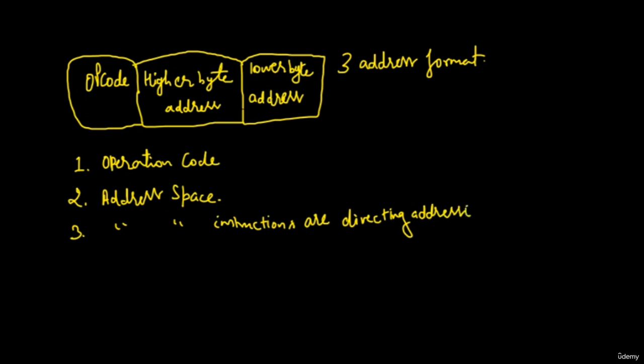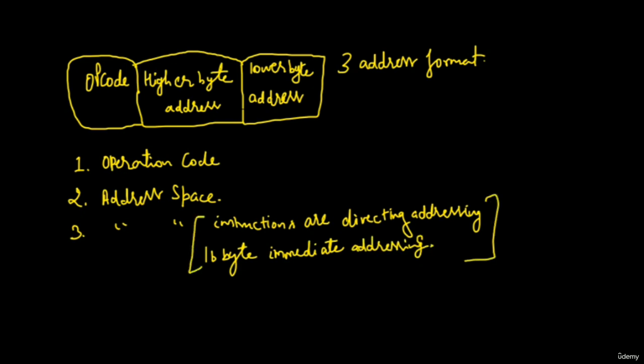Like addressing, if I may say, 16 byte. So this one is the factual thing. 16 byte immediate addressing is there. So this one seems more efficient, or most efficient. Well, it is indeed. So this is all about it, and that's about the three address format.